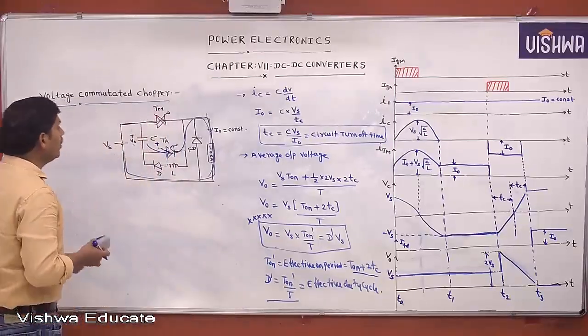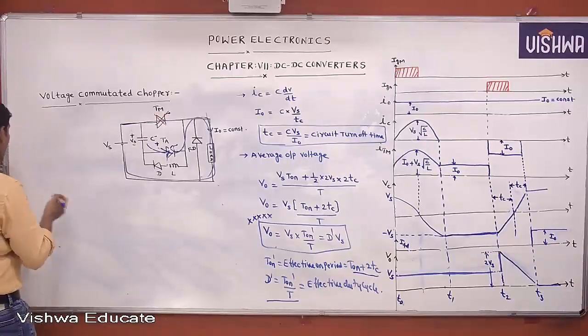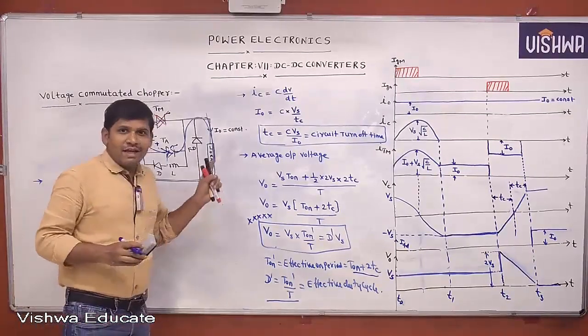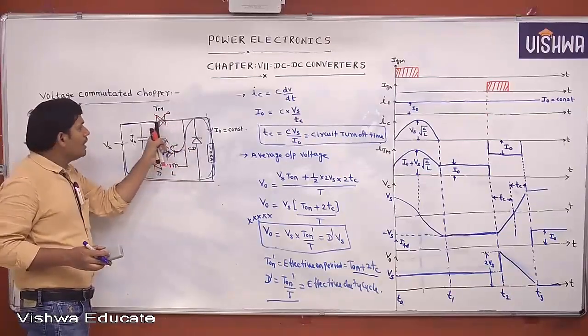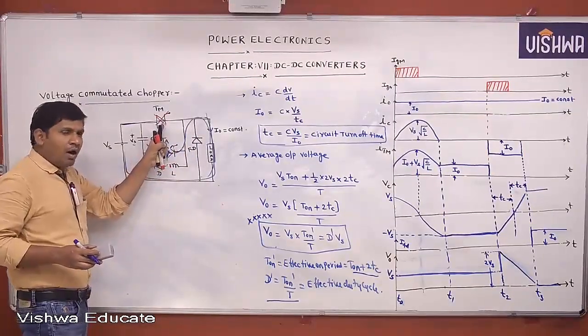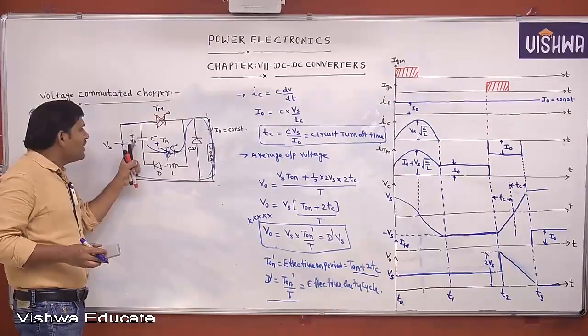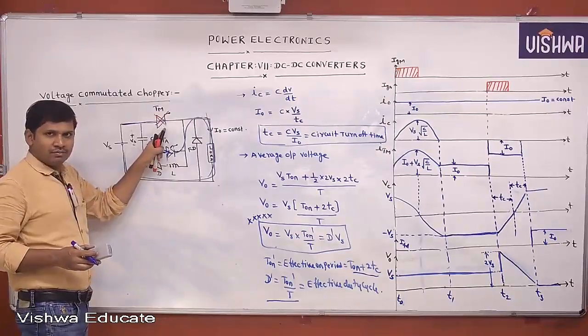Okay, now one more formula. Listen please. In this circuit, how much time is the main thyristor on? The main thyristor will be on up to the capacitor voltage changing from plus Vs to minus Vs. During that time only the main thyristor will be on.